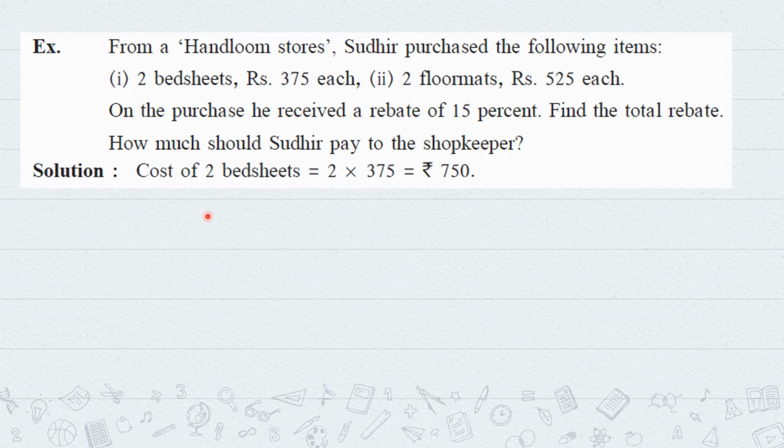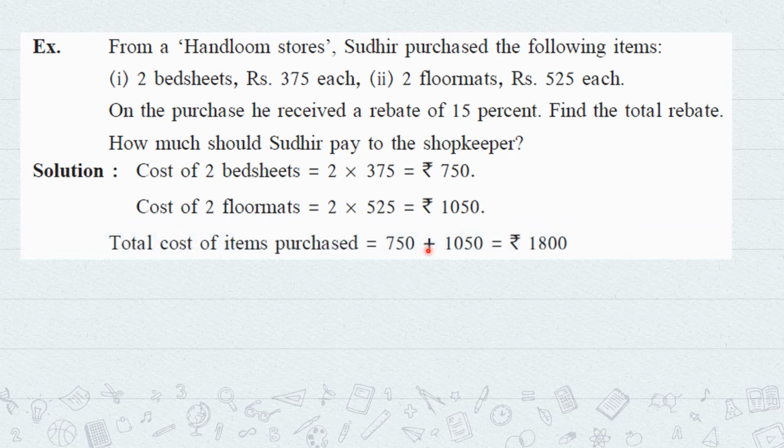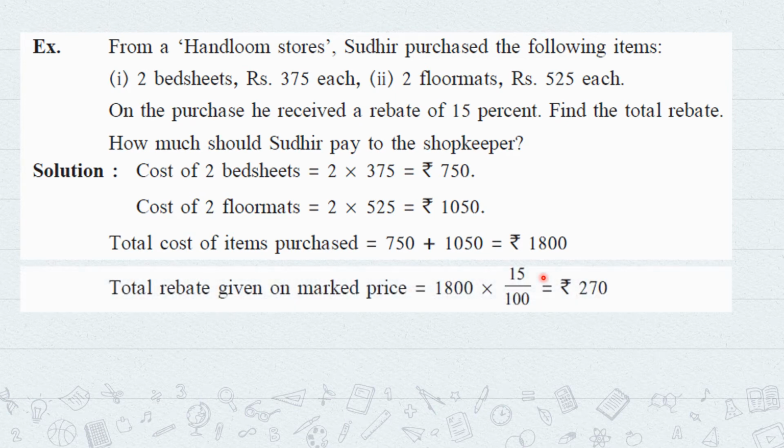The cost of 2 bed sheets will obviously be 2 into 375, that is 750. Cost of 2 floor mats will be 2 into 525, that is 1050 rupees. Now the total cost of both the items will be 750 plus 1050, which is 1800 rupees. Now the rebate given on the marked price is 15%.